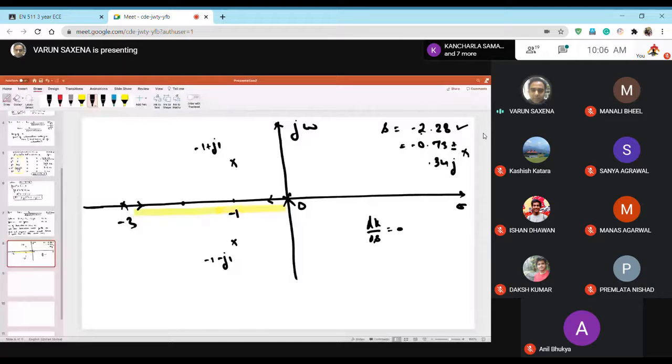So if you remember, the angle for the asymptotes used to be (2q plus 1) times 180 degrees over n minus m, and your q used to vary from 0 to 3, n minus m being 4 in this case.